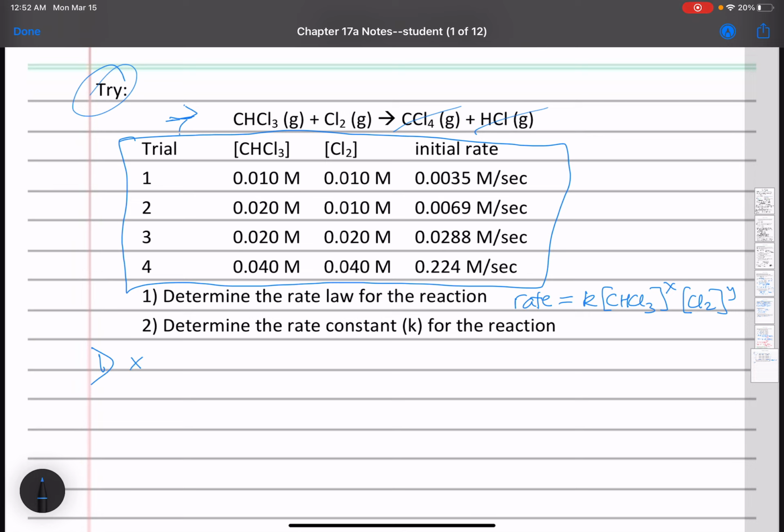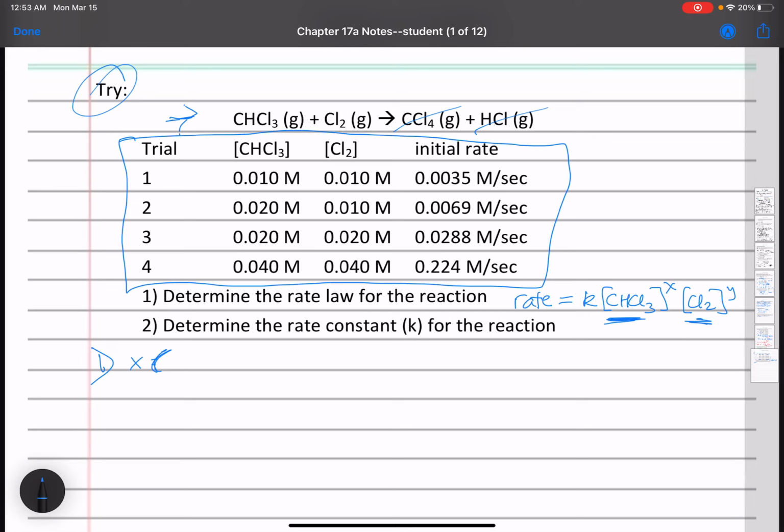To determine X, I'm going to use trials where I want the CHCl3 concentration to be different. So I don't want to use trials 2 and 3. But I do want the concentrations of chlorine to be the same.